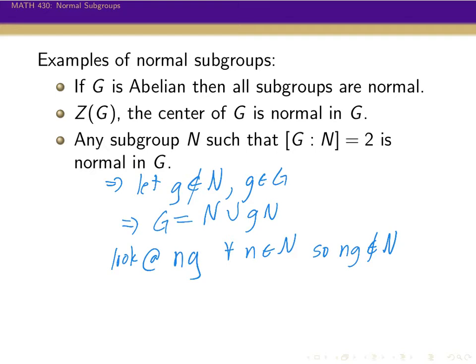And so if ng is not in N, and it's somewhere in either N union with gN, then that means that ng is an element of gN. And so the right coset is a subset of the left coset, and then we could run this argument similarly on the other side to get the other inclusion. And so the only thing that has to be true is that gN is equal to Ng. And so this guarantees that any subgroup of index 2 is going to be normal.